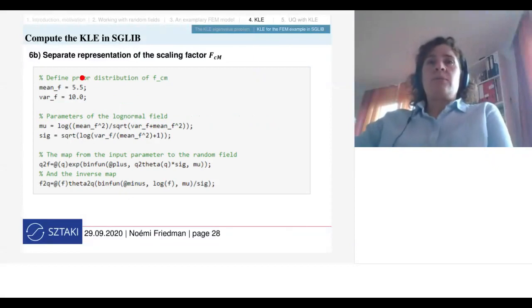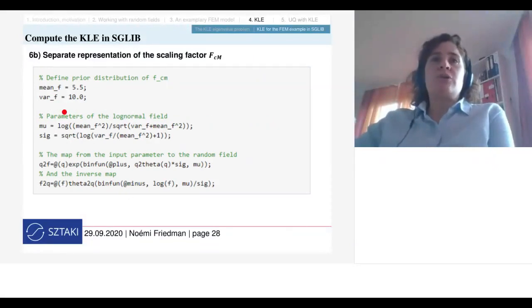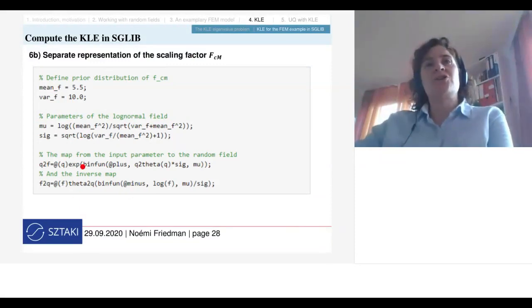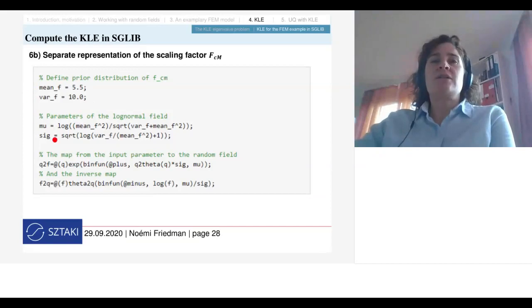Okay, now I'm also defining how to go from Q all the way until the scaling factor. And these are the functions that are defining those maps. So this was the mean and the variance of the log normal field that I chose, which defines the two parameters of the log normal field.